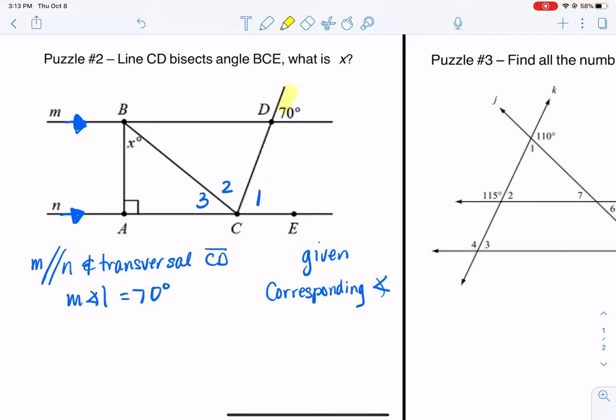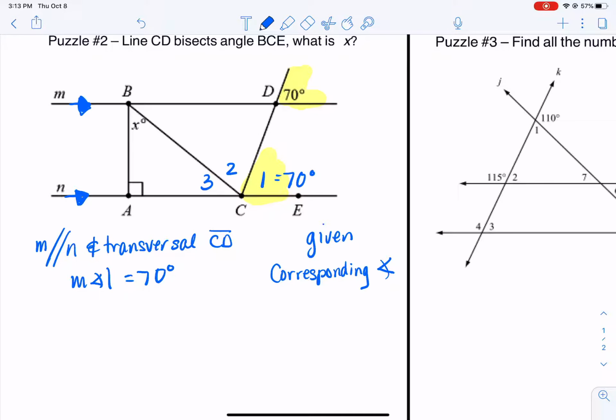So when you look at this, here's 70 and here's angle 1. So based on the properties of corresponding angles that you've studied, when you have a parallel line cut by a transversal, corresponding angles have the same position with one interior and one exterior. So that's how I can say that angle 1 equals 70 degrees.